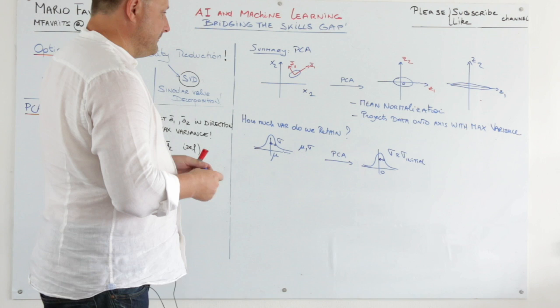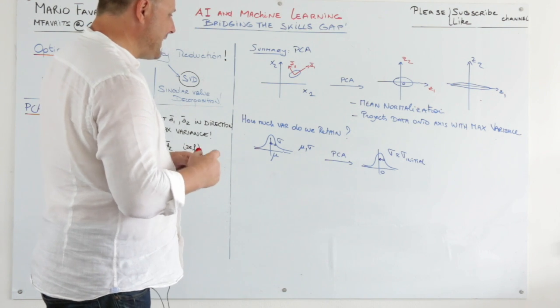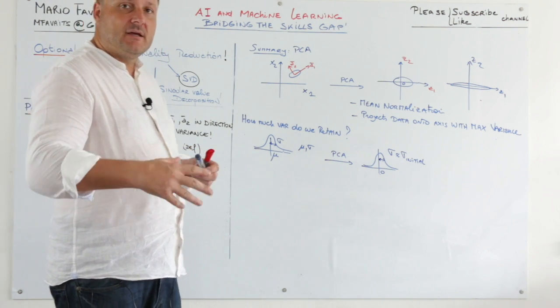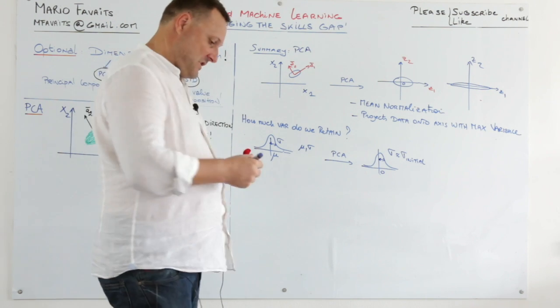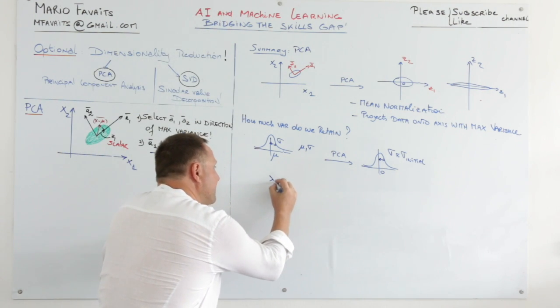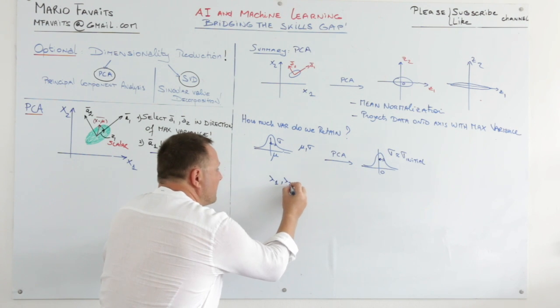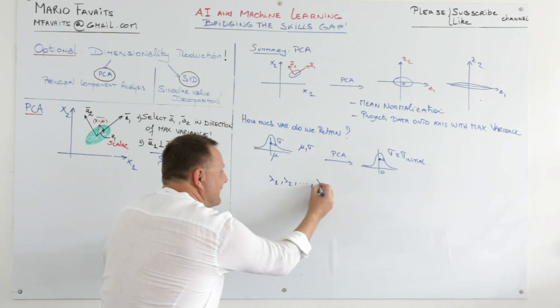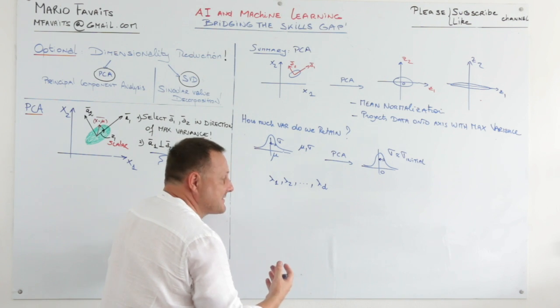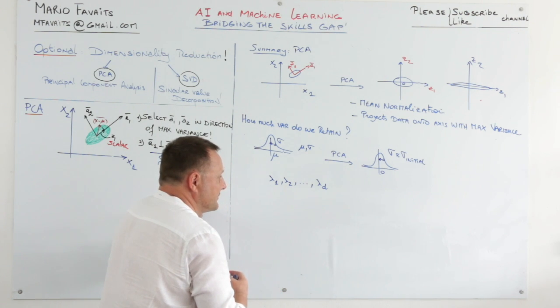Now we have seen that our first eigenvalue was lambda, the second one was alpha. So basically, let's call them all lambda, and you have lambda 1, lambda 2, all the way to lambda d. You have d eigenvalues for these d dimensions.